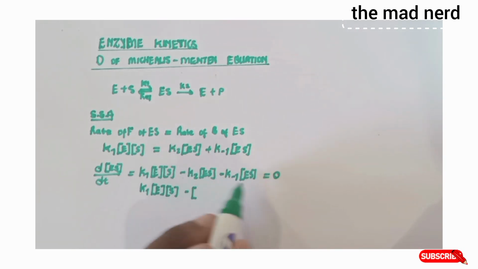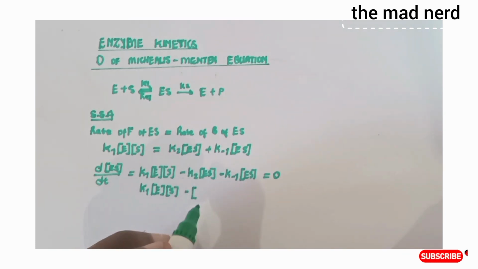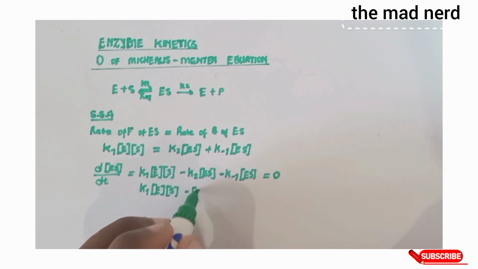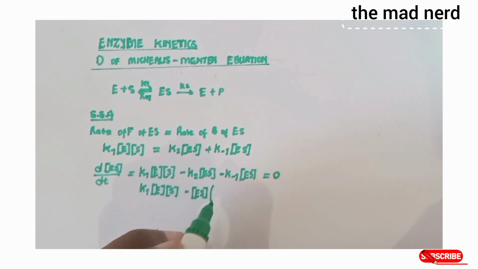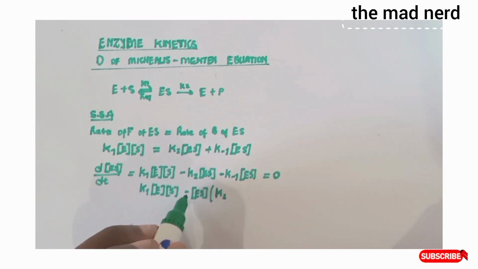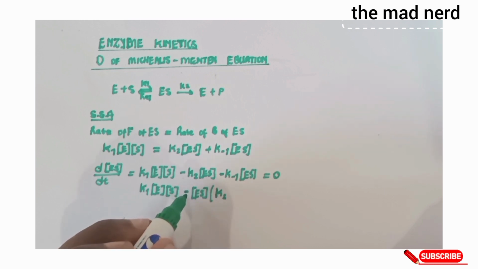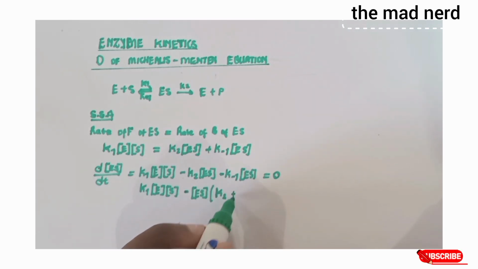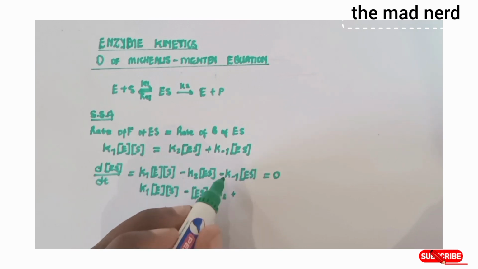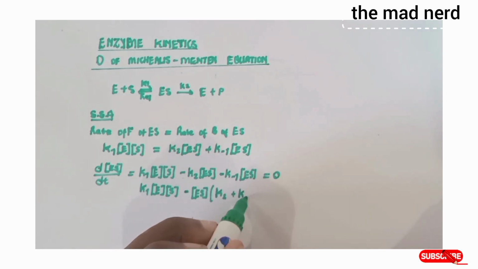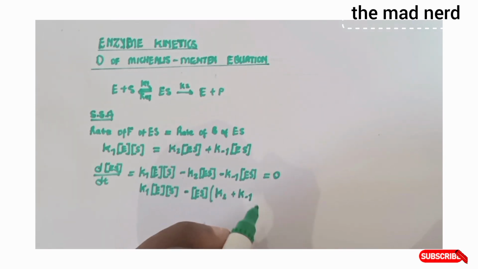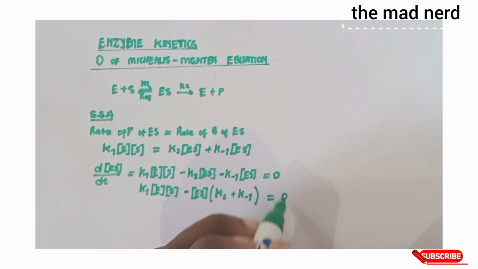So we have K1 times the concentration of E and the concentration of S, minus the concentration of ES times the bracket of K2 plus K negative 1. Since we took out the negative sign, we have plus inside the bracket, and we close the brackets, equal to 0.